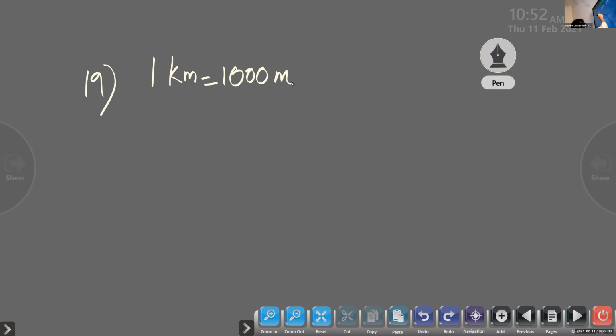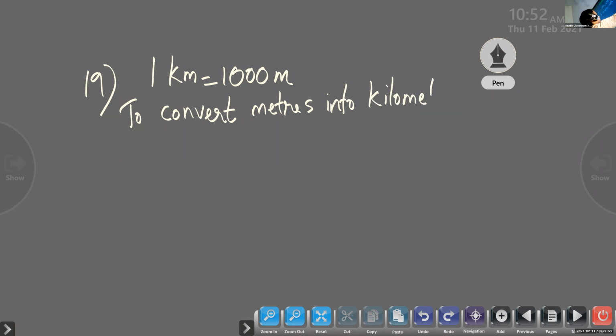So to convert meters into kilometers, we divide by 1000.